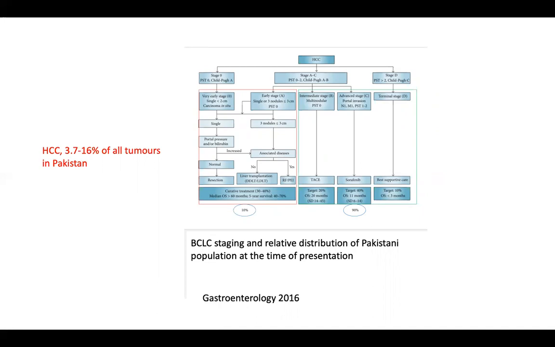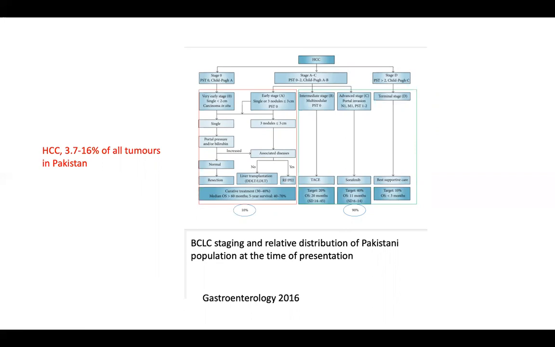Another major killer of the Pakistani population is hepatocellular carcinoma. 3.7 to 16% of all tumors in certain populations in Pakistan are now HCC. And the most unfortunate problem is that HCC is diagnosed at a very late stage in Pakistan.